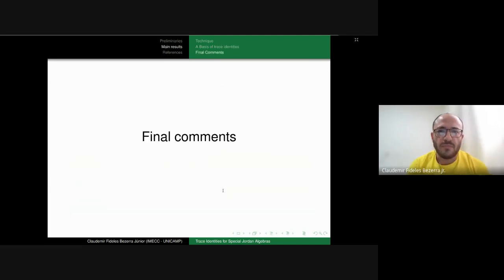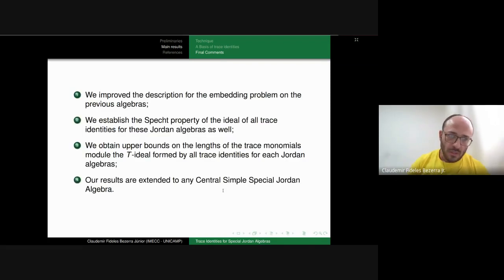To conclude my presentation, I will make final comments. The first one: we improved the description for the embedding problem on the previous algebras.